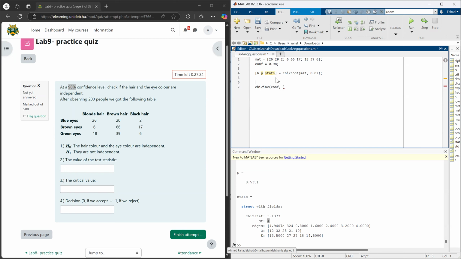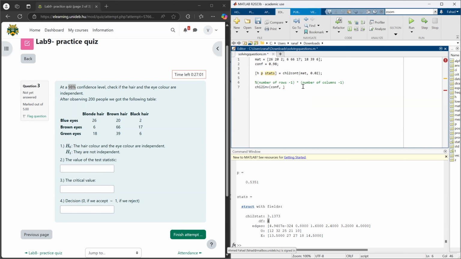However, in matrices, you have this formula: number of rows minus 1, multiplied by number of columns minus 1.